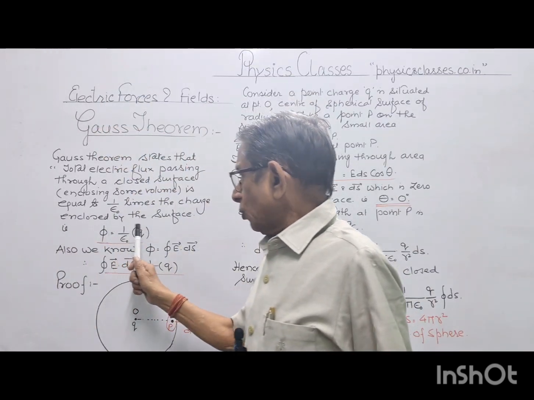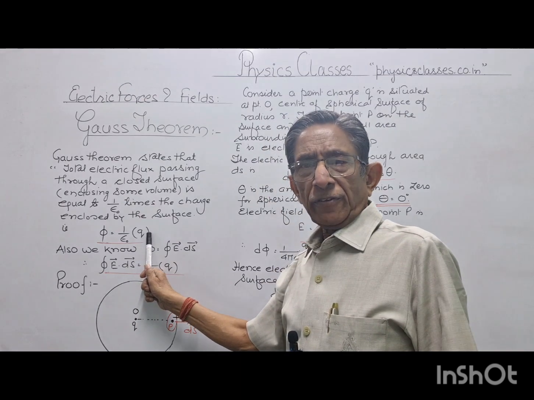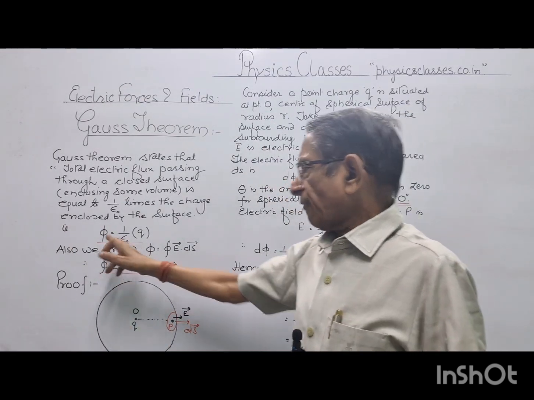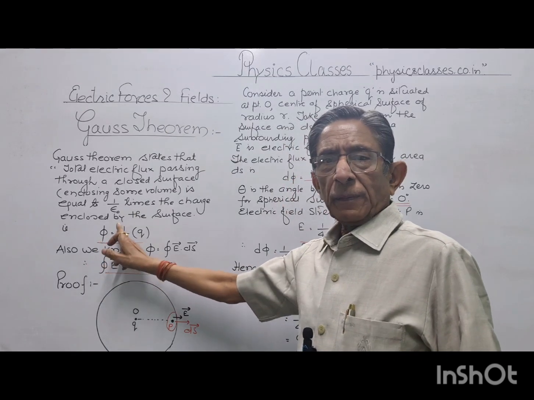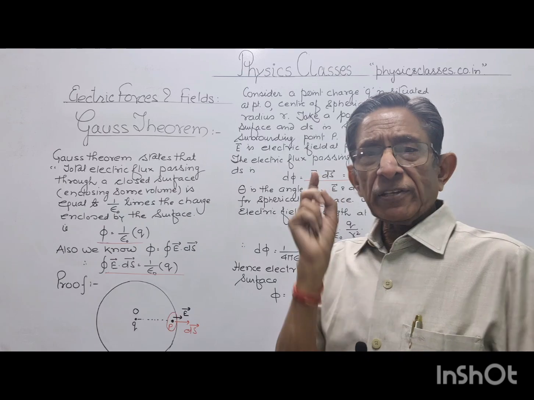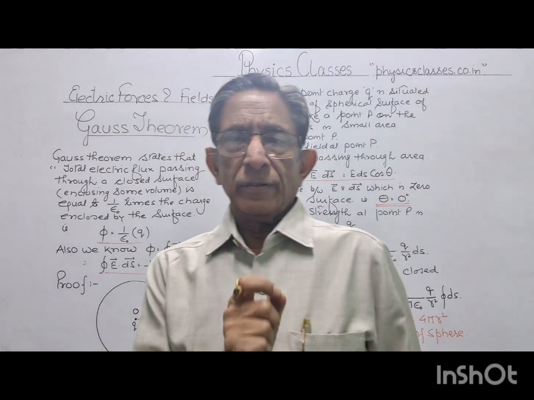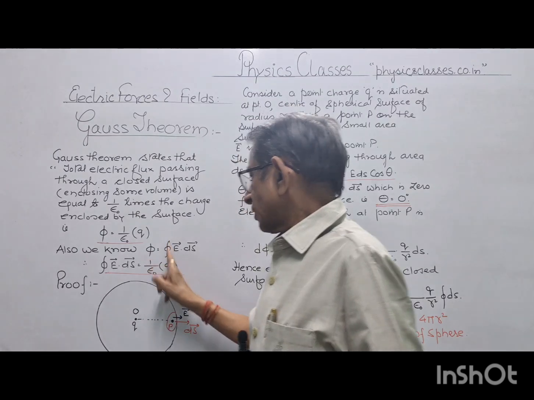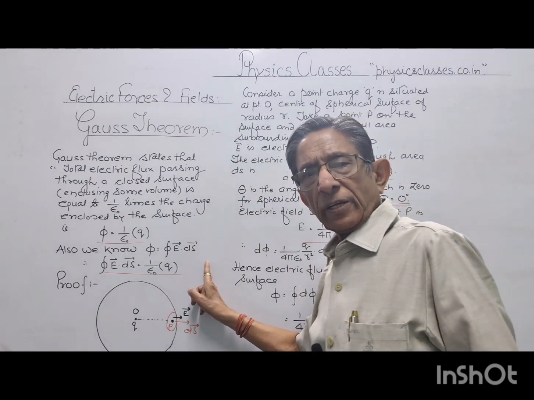Here Q is the charge enclosed by the surface, phi is the flux passing out through the surface, then phi is equal to 1 upon epsilon naught Q. In the previous lecture, I have taught that electric flux equals integral E vector dot dS vector.